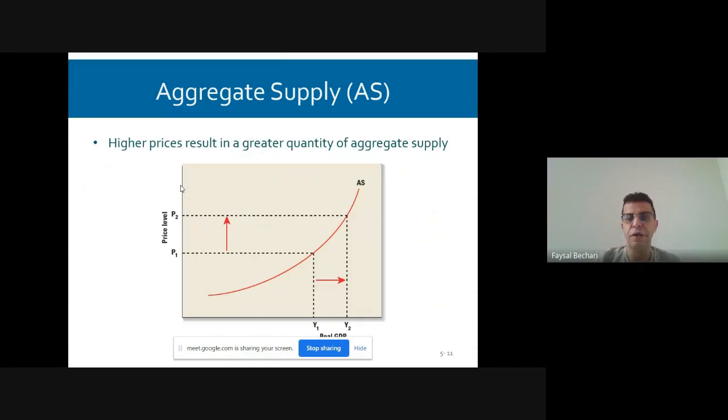So as you see, a higher price results in a greater quantity of aggregate supply. Even with aggregate supply going higher, if the salary is constant, the GDP will grow.